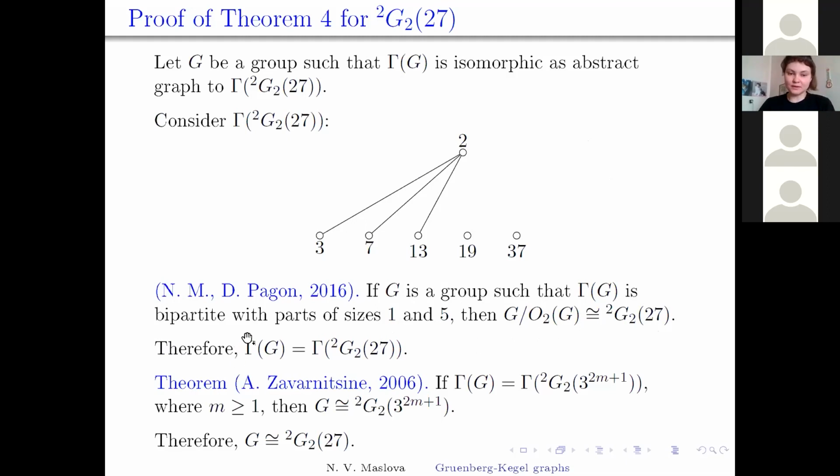Therefore, the Gruenberg-Kegel graphs of G and of the Ree group over the field of 27 elements coincide. And now let us take the remarkable result by Andrei Zavornitsyn that all Ree groups are recognizable by Gruenberg-Kegel graph, and we conclude that G is forced to be isomorphic to the Ree group over the field of 27 elements.